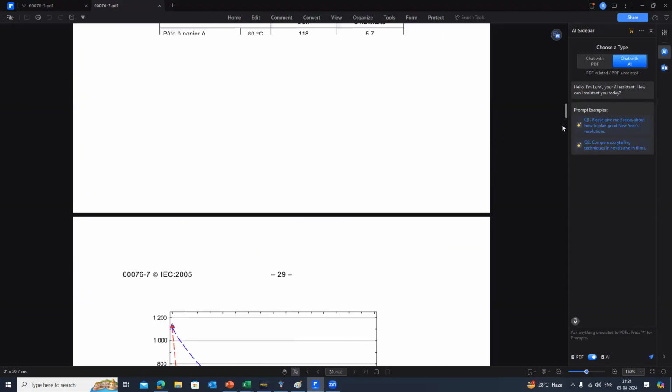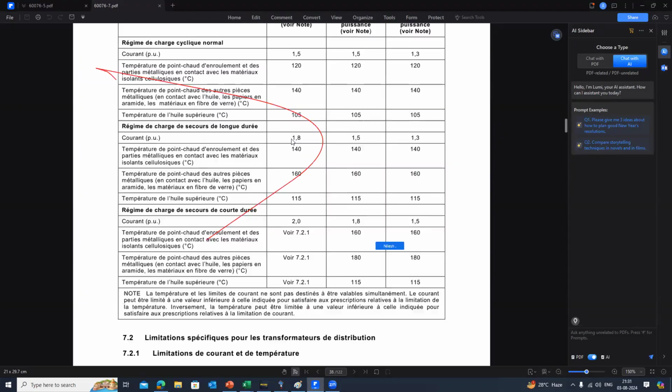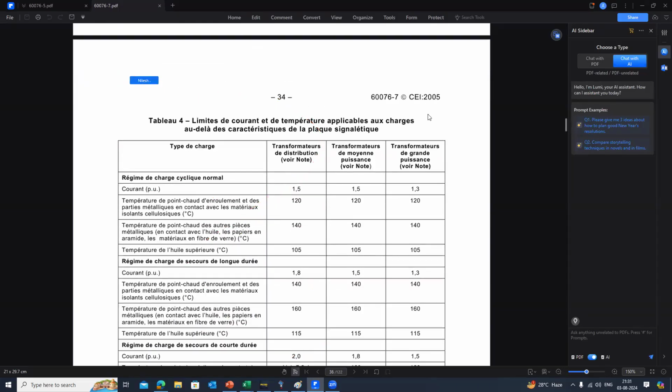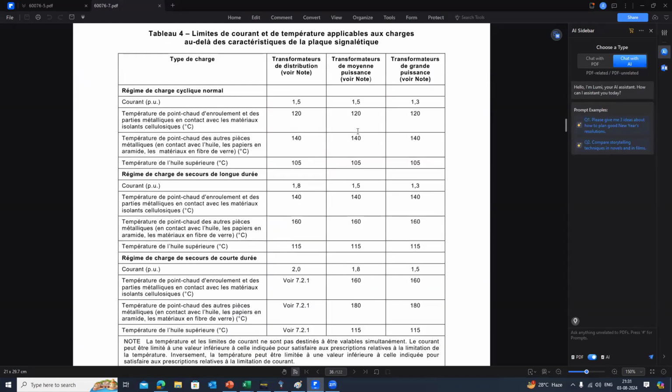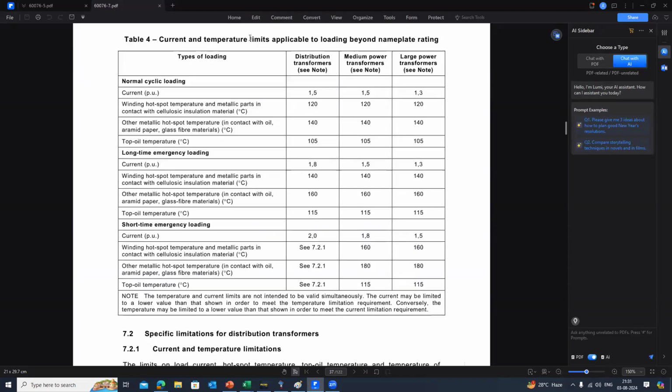Now if I go back to that table again, I think Nilesh, yes. As per this table 4, if you go to the distribution transformer, it can be loaded up to 2 times the transformer rated MVA for at least 30 minutes.